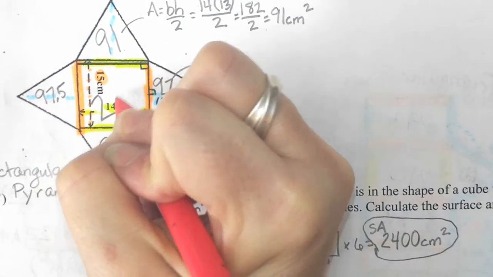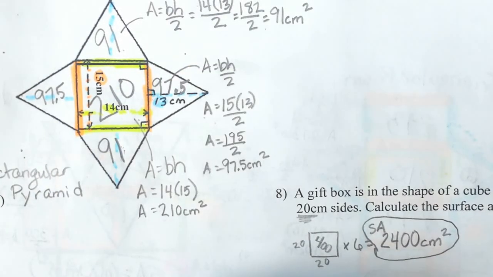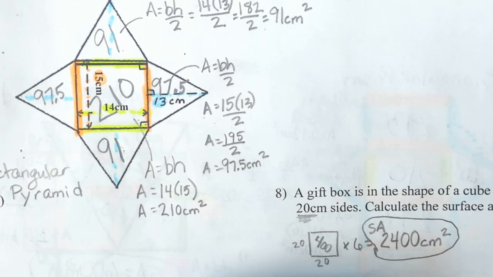So the middle box is now 210. Surface area, adding them all up, making sure you do 2 of each of the triangles.